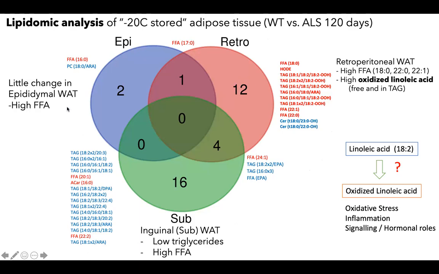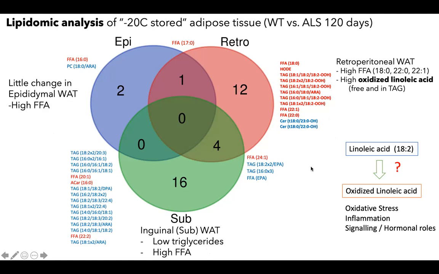There were very few changes in the lipidome in the epididymal fat, just high free fatty acids. In the inguinal adipose tissue, we saw low triglyceride levels, which is consistent with the increased lipolysis rate, and high free fatty acids.